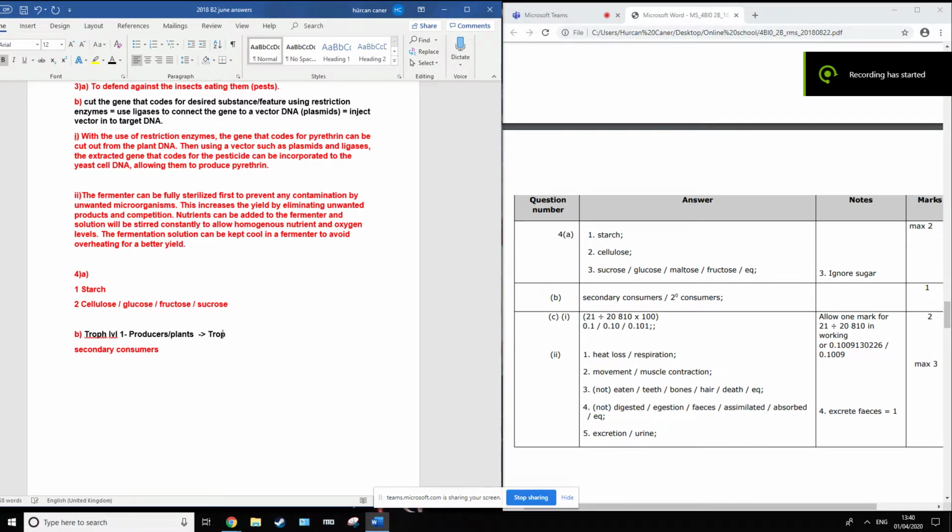Then you have your trophic level 2, which are primary consumers. These are your what you call grazers, herbivores.